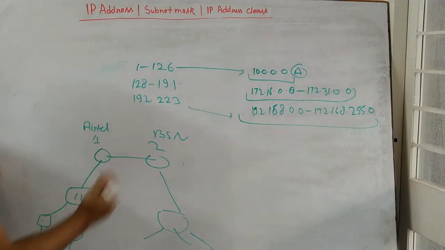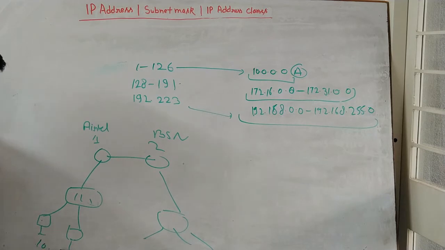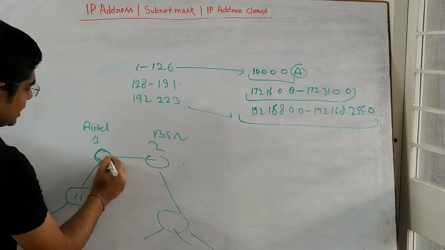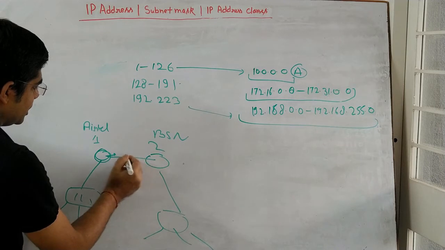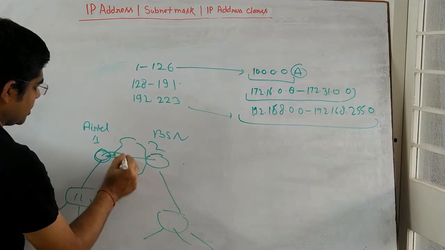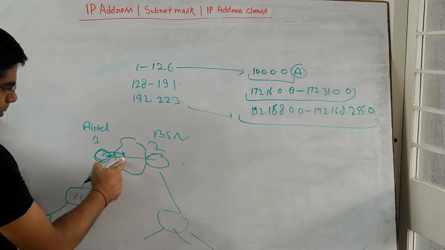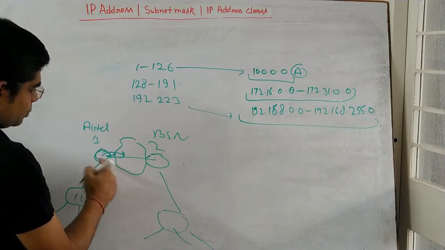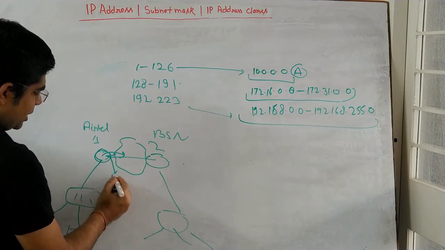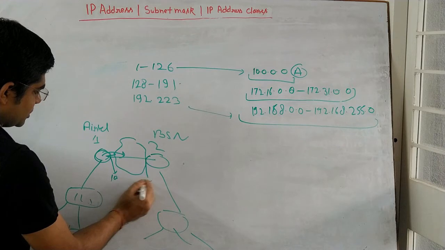We can assign private addresses inside the network, and if it communicates to the public internet via this node, then we give a public IP address on this interface.